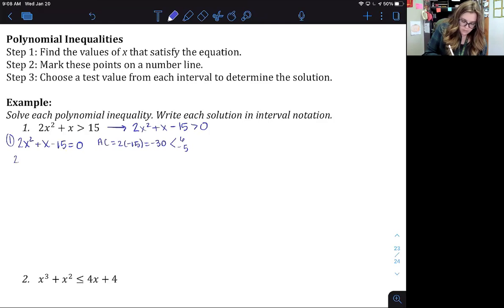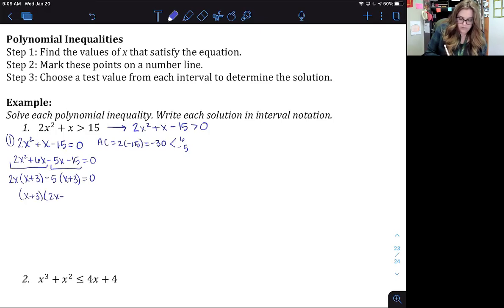So we have 2x squared plus 6x minus 5x minus 15 equals 0. Factor by grouping. We can factor out a 2x. We're left with x plus 3. Then factor out a negative 5, and we're left with x plus 3. Our factored form: x plus 3 times 2x minus 5 equals 0.